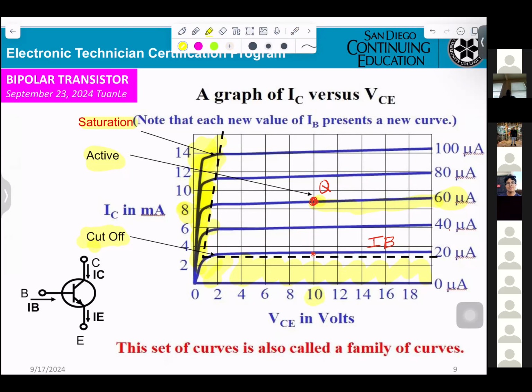You see that? At the point Q, you're able to know what the IB equals, what the IC equals, what the VCE equals. That's what they call the Q point.